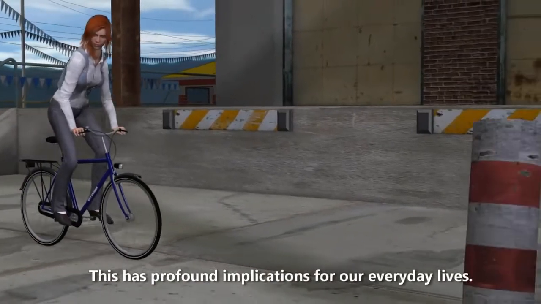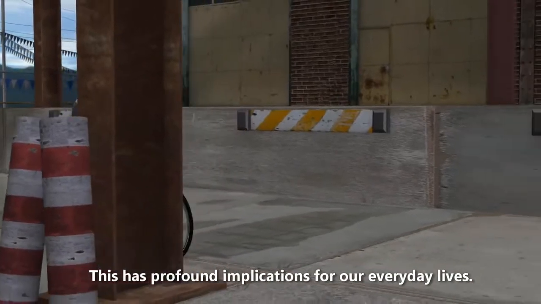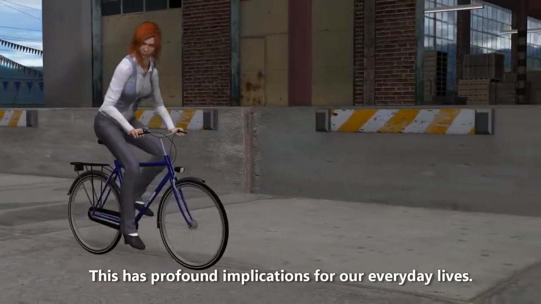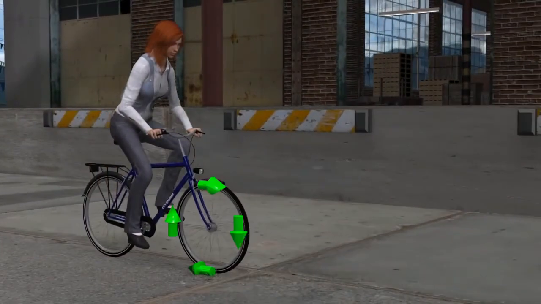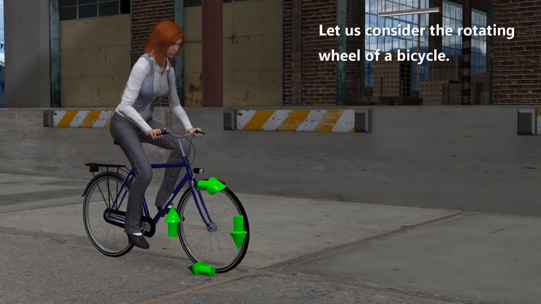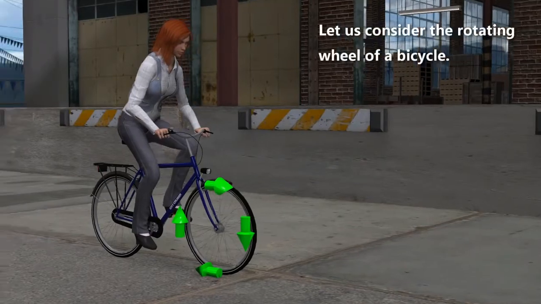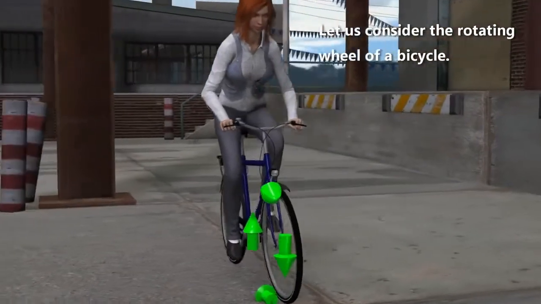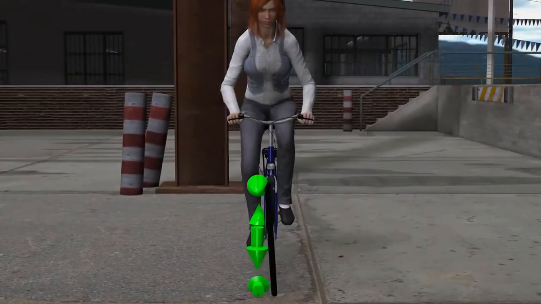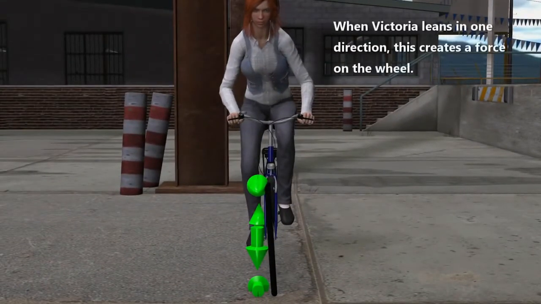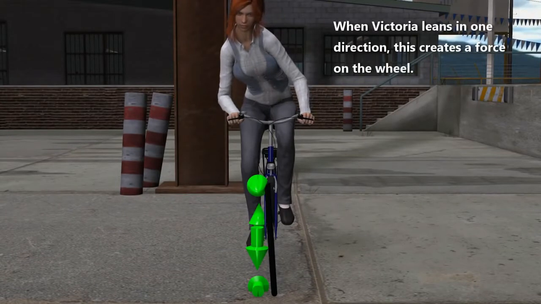This has profound implications for our everyday lives. Let us consider the rotating wheel of a bicycle. When Victoria leans in one direction, this creates a force on the wheel.